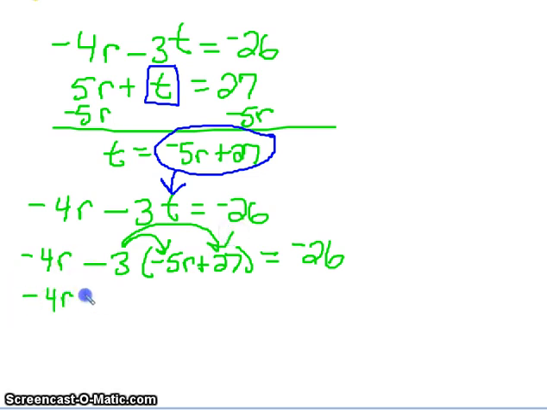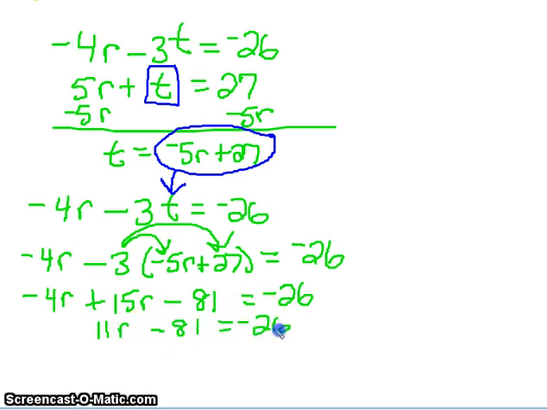We get negative 4r, and then a negative times a negative is a positive 15r. Negative times a negative makes a negative, and I did 3 times 27, so that gives me 81. And then we equal negative 26. We can combine our like terms, which gives us 11r minus 81 equals negative 26.